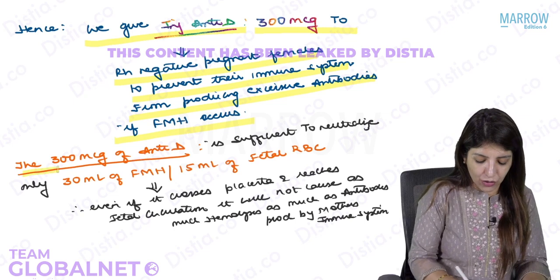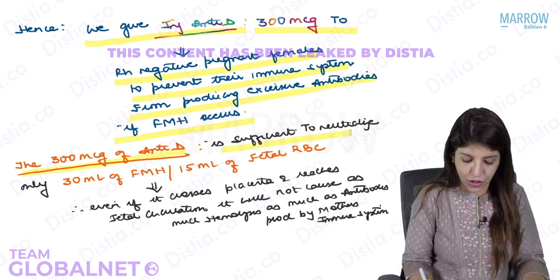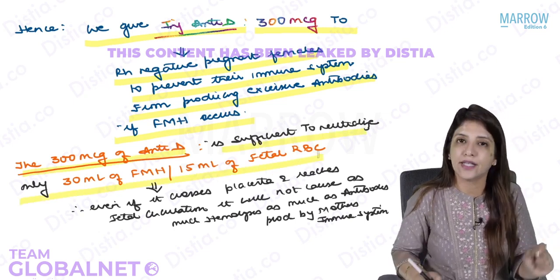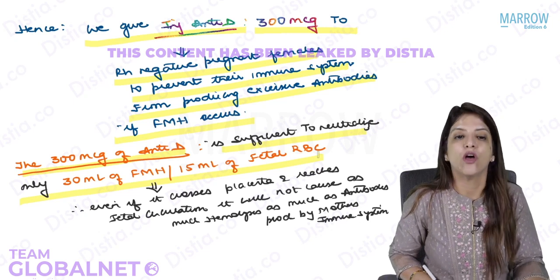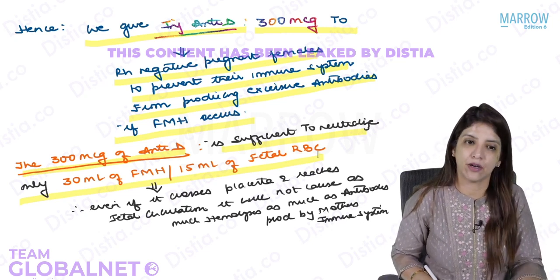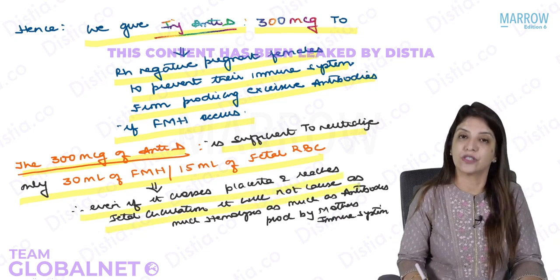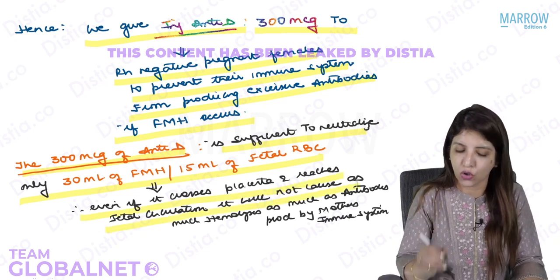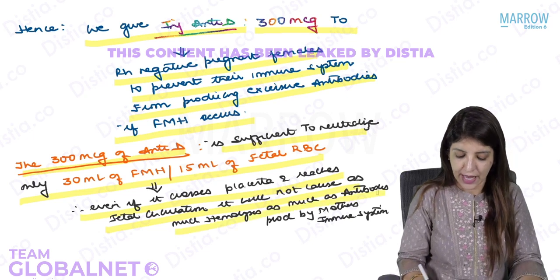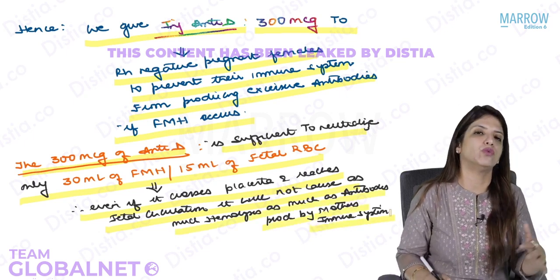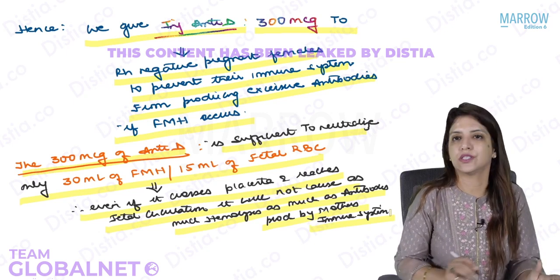The 300 microgram of anti-D is sufficient to neutralize only 30 ml of feto-maternal hemorrhage or 15 ml of fetal RBCs. Therefore, even if it crosses the placenta and reaches fetal circulation, it will not cause as much hemolysis as the antibodies produced by the mother's immune system.